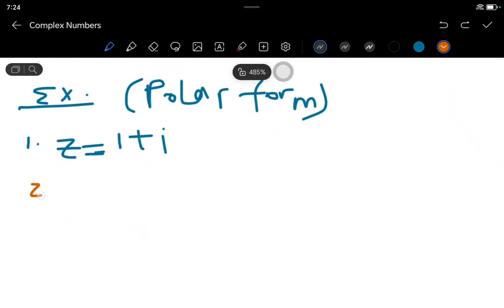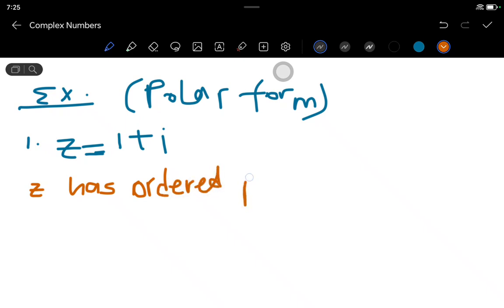First, you're going to say that z has, then you put the pair. Our A in this case has an ordered pair. Our A is 1, our B is 1. You see right there. So z has ordered pair (1, 1).